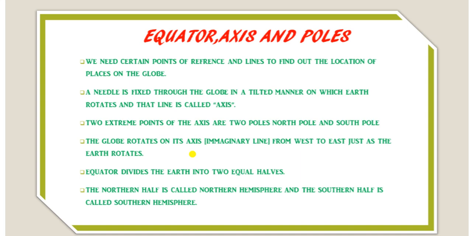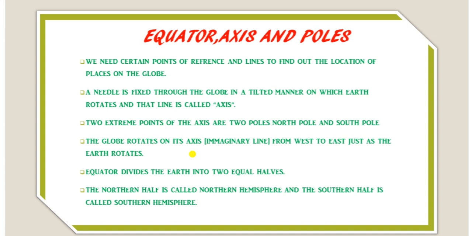Now, what will be the tilt? This tilted axis is making an angle of 66.5 degrees with the orbital plane, which I have already discussed in the previous lecture. Now, the two extreme points of this axis are North Pole and South Pole.